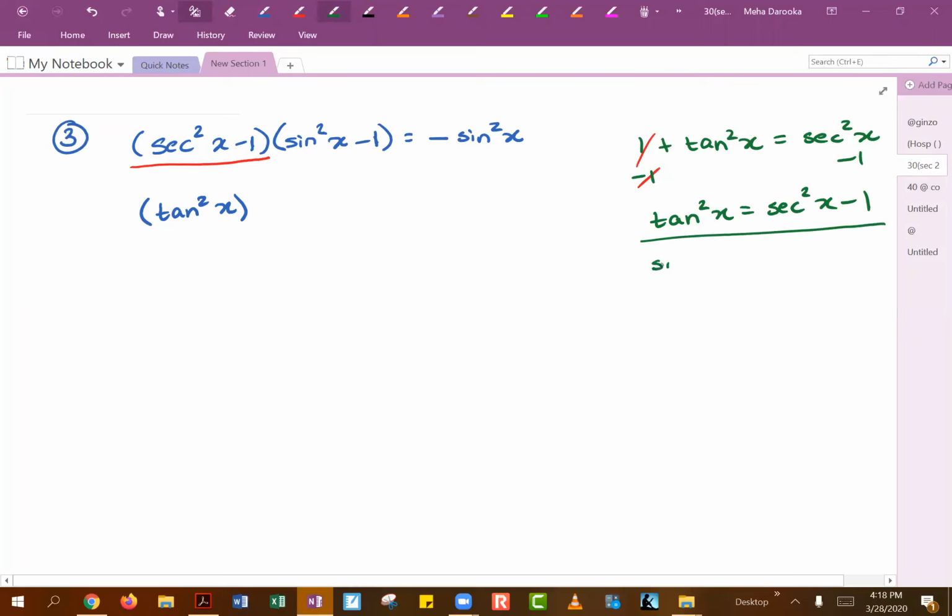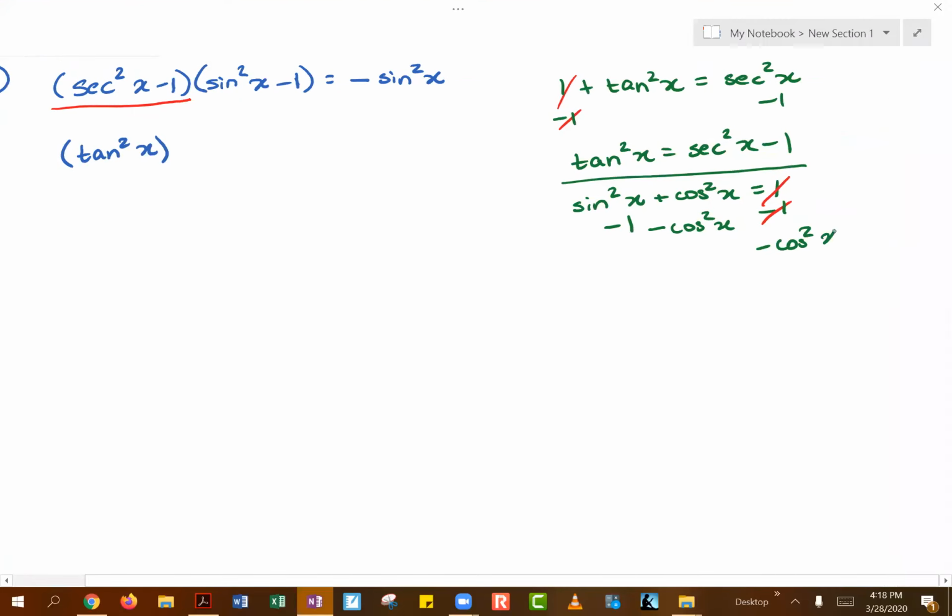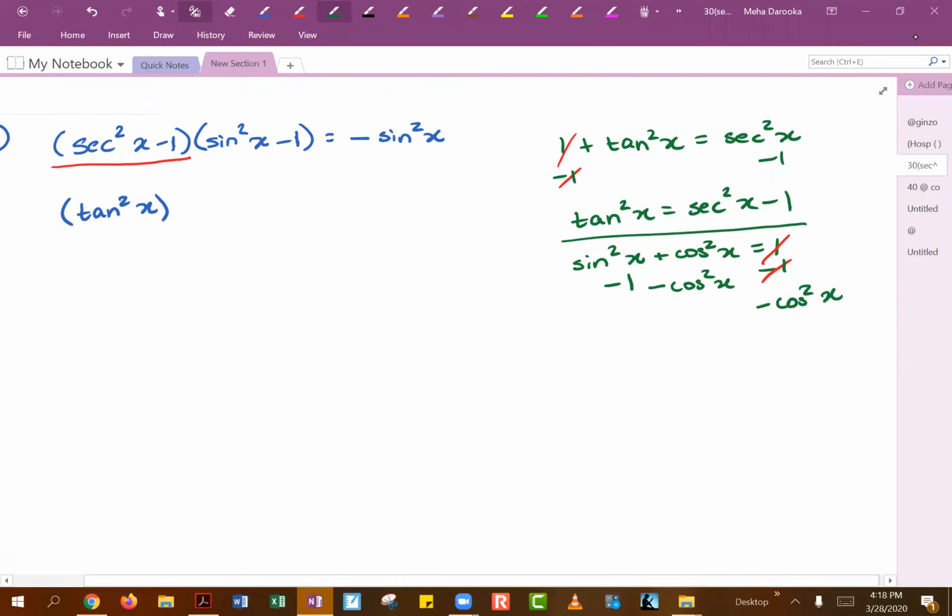Okay, and then for our sine squared of x minus 1, again, that's coming from the Pythagorean identity of sine squared of x plus cosine squared of x equals 1. So if I subtract the 1 and bring it here with the sine function, and then I take my cosine function and move it to the other side, these guys will cancel out here, and then on the left-hand side you are left with sine squared x minus 1.